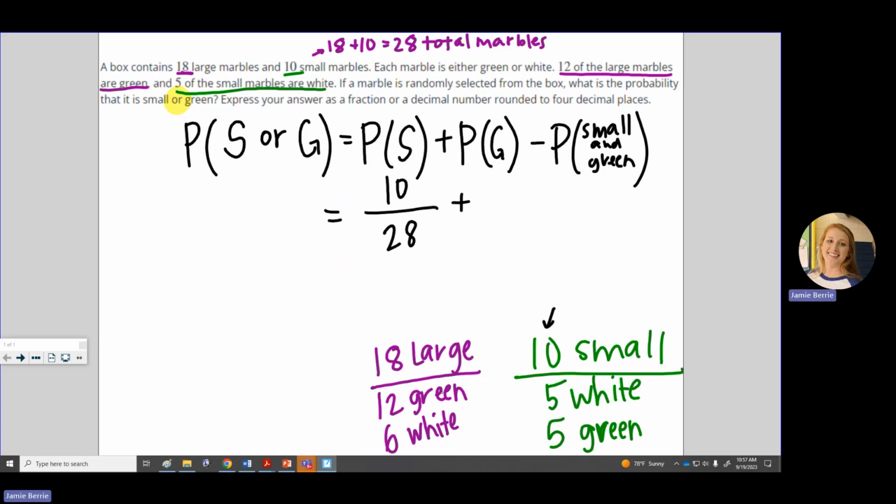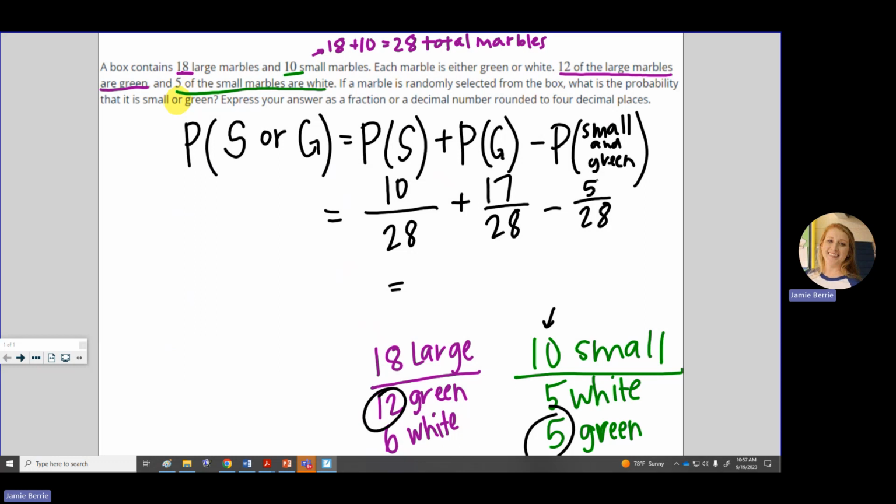We have 12 green here, 5 green here. So 12 plus 5 is 17 green marbles in the box. Small and green: how many were small and green? 5, right? 5 out of the 28 were small and green.